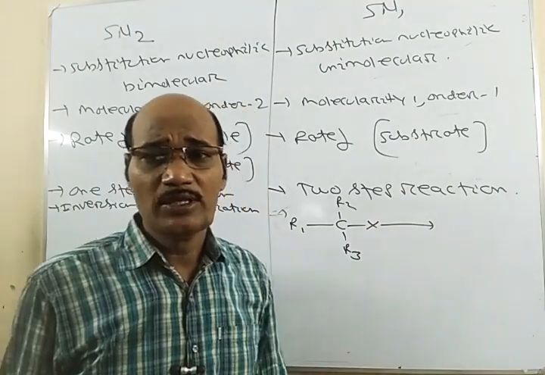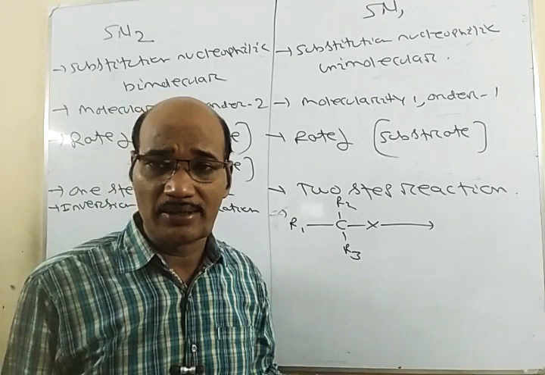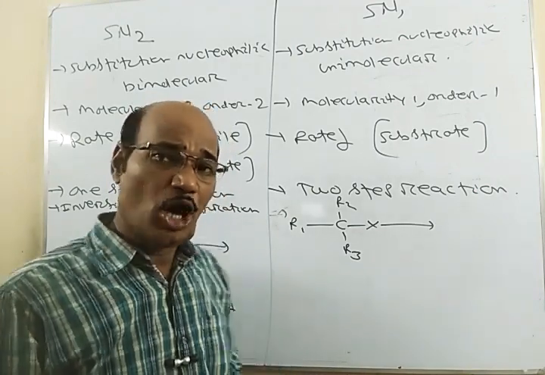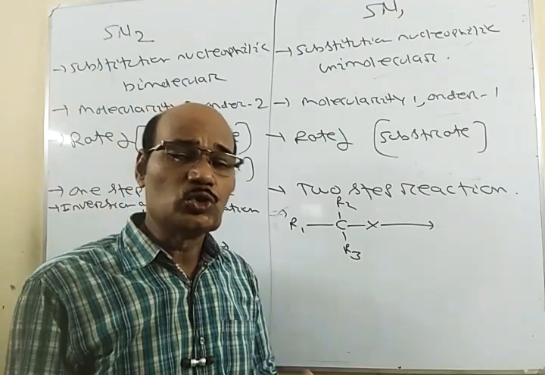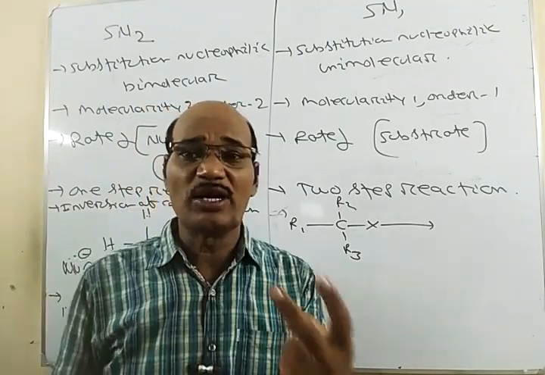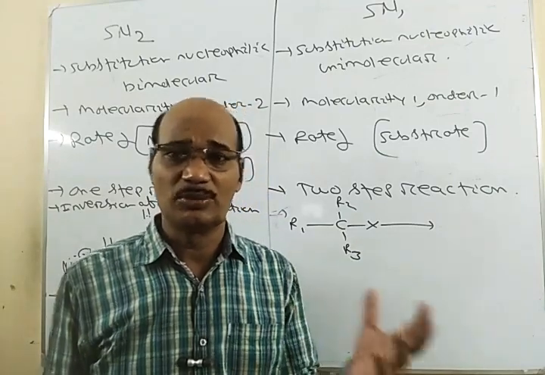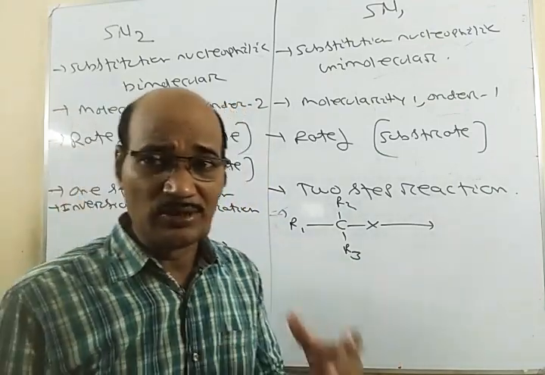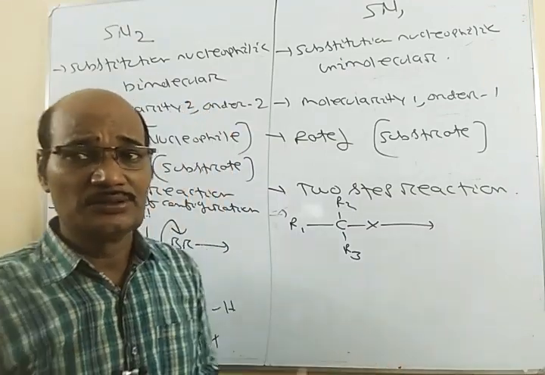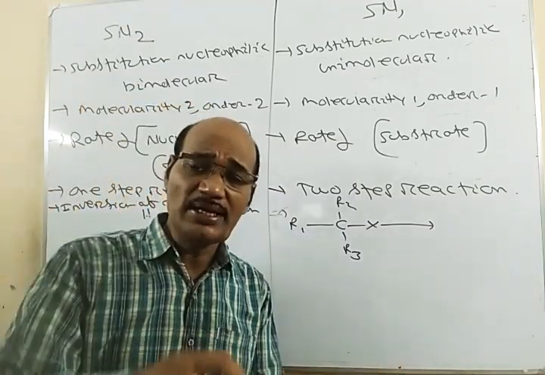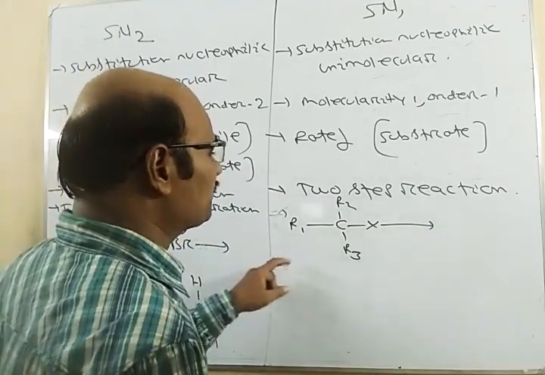If the alkyl halide which we have taken is optically active, then a mixture of two products will be obtained, one with retention of configuration and one with inversion of configuration. That will give a racemic mixture. In that case, the nucleophile can attack from the front side, and also from the back side. First of all, this is the slow step.